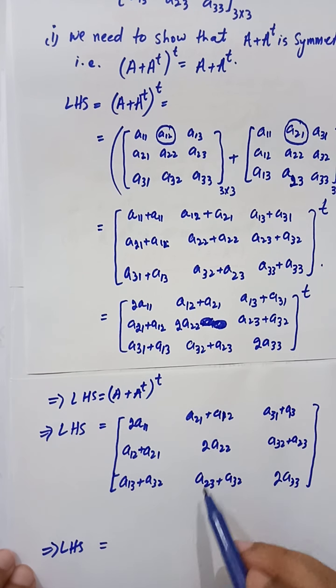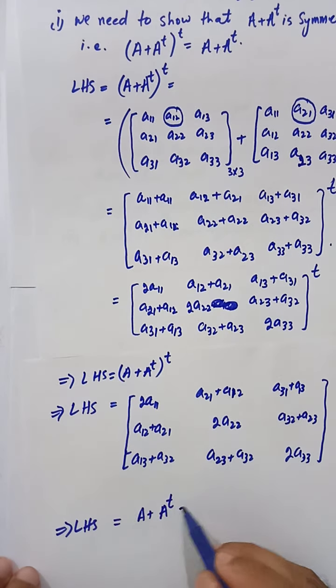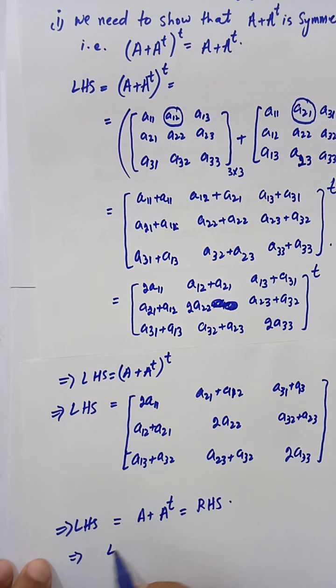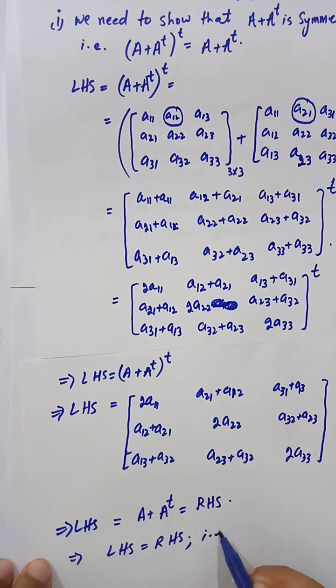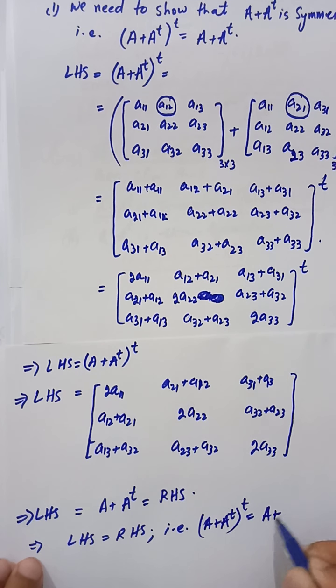So in place of this matrix, I can write A plus A transpose. So you see that this is actually your right hand side. This implies that left hand side is equal to right hand side, that is, (A plus A transpose) whole transpose is equal to A plus A transpose.